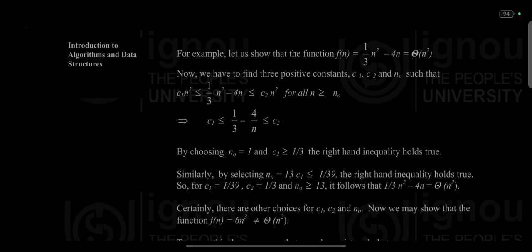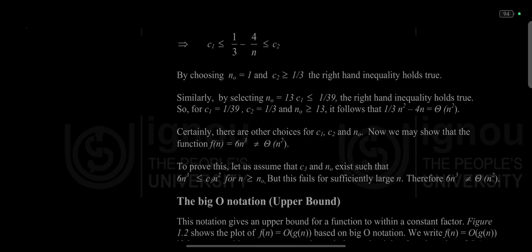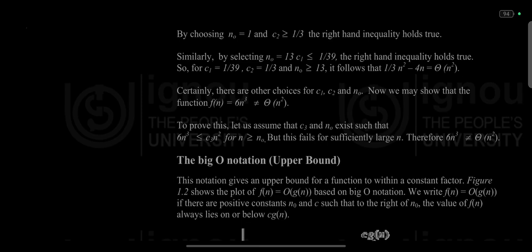By choosing n0 equal to 1 and c2 greater than or equal to 1/3, the right hand inequality holds true. Similarly, by selecting n0 equal to 13, c1 less than or equal to 1/39, the left hand inequality holds true. So for c1 equal to 1/39, c2 equal to 1/3 and n0 greater than or equal to 13, it follows that 1/3 n^2 minus 4n is equal to theta n^2. Certainly there are other choices for c1, c2 and n0.